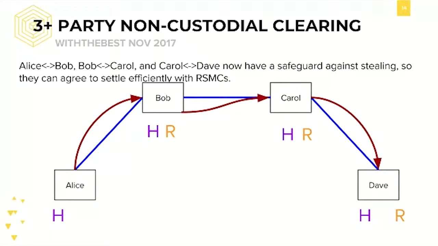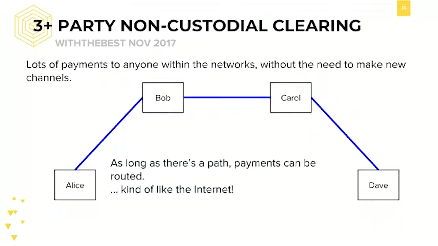When I say on-chain transaction, I don't mean that the transaction has been put on-chain. I just mean that in order for it to be effective, it would need to be published on-chain, and that's not something that we want. So through this method, you're able to create lots of payments between anyone in the network without the need to create these new channels.